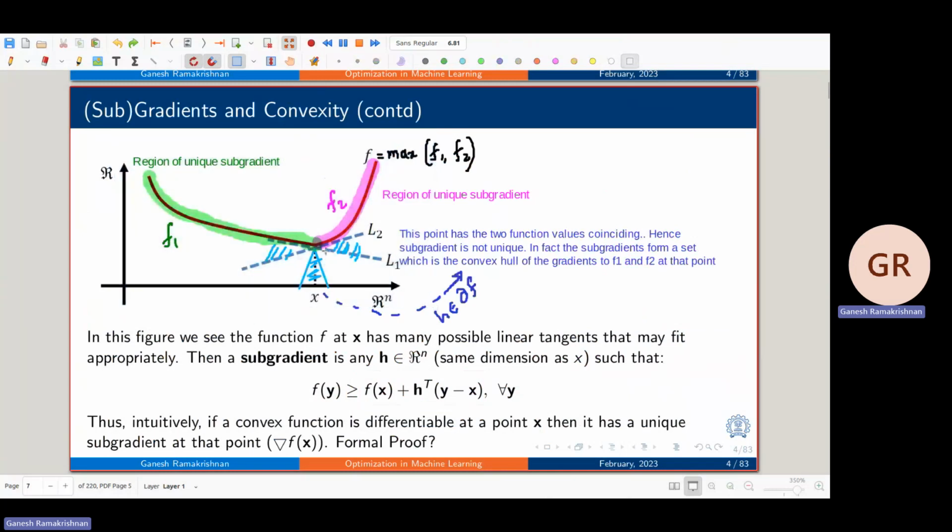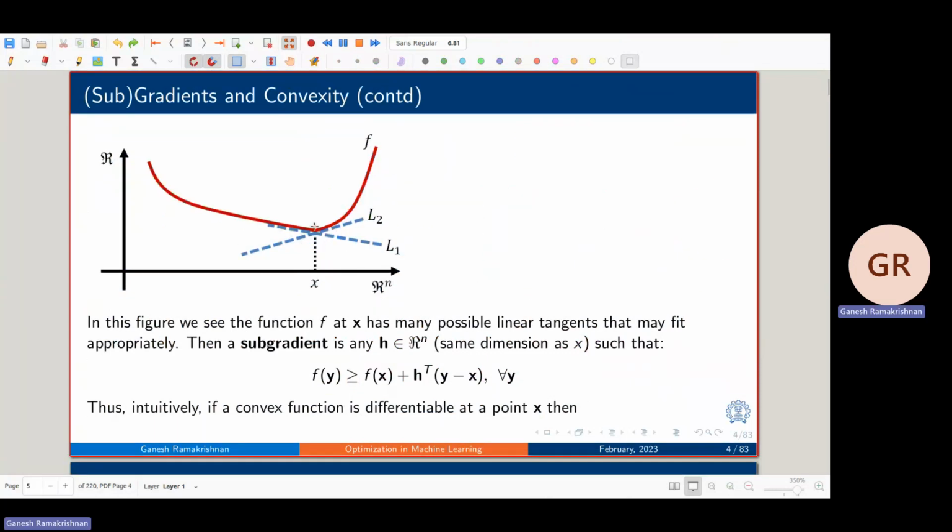So let's take this example. This example is interesting because this curve, which I just showed you, has only one kink, and this is because it's a max of two functions. So let's take the case when the function is a convex function which is a max of two convex functions.